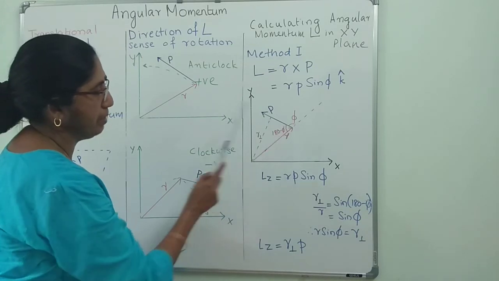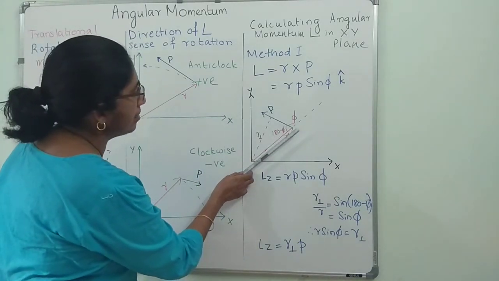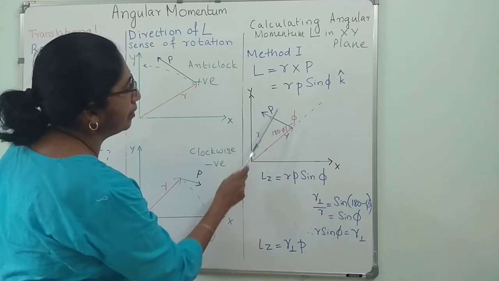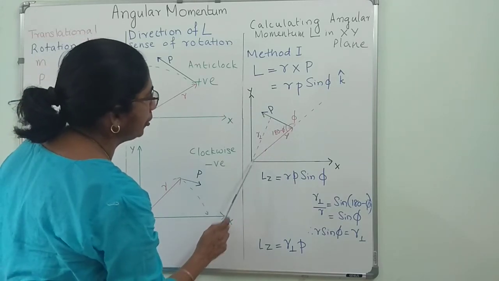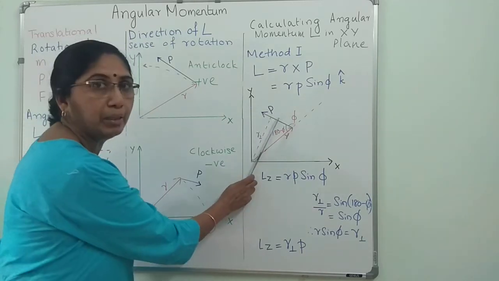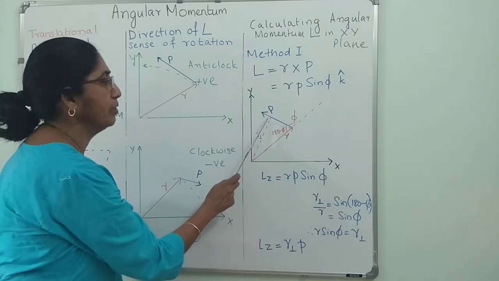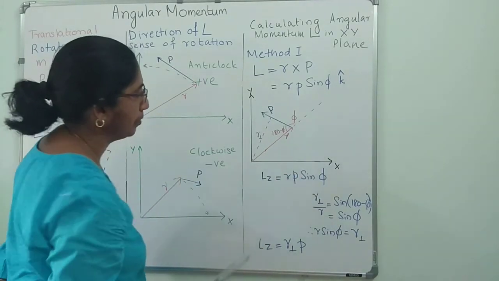Now this vector R, I can resolve as a component which is perpendicular to P. That is, I have drawn a perpendicular from the origin to the momentum P. So this is R perpendicular. So this is the perpendicular component. It can have a parallel component also.